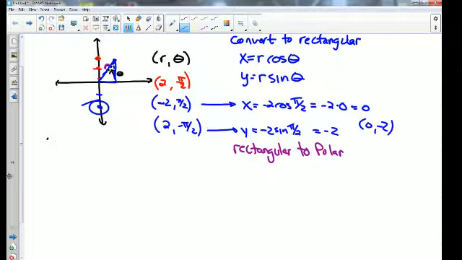We don't have the angle. All we have is a rectangular coordinate. We have an x and a y. How did you calculate r based on it? X and y. Pythagorean theorem. So what you end up with is r is the root of x squared plus y squared.